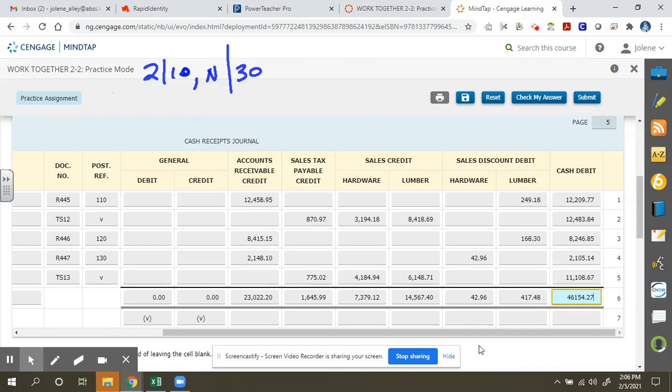Now, normally I would sit here and I would add each column a second time just to make sure I was right. But for the sake of time, I'm just going to try it out.